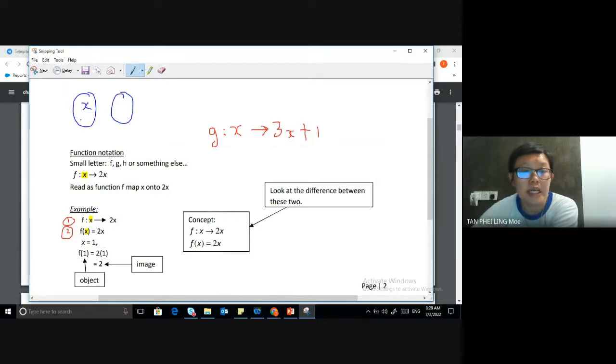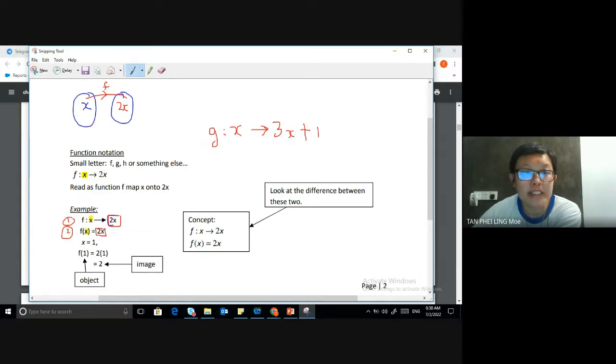What happened is the object x has become 2x. Let me use another color for the image. So 2x is here, which means under the function f, the x has become 2x. I repeat, under the function f, x has become 2x. So the object is x, the image is 2x.